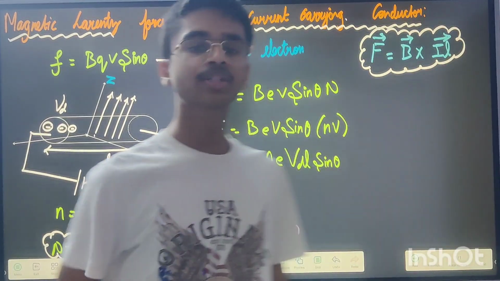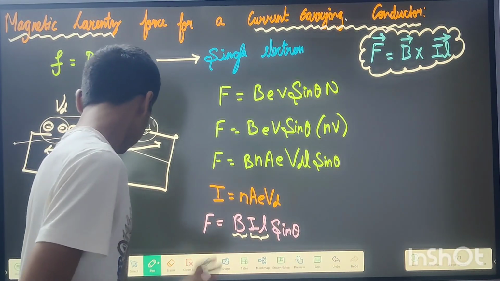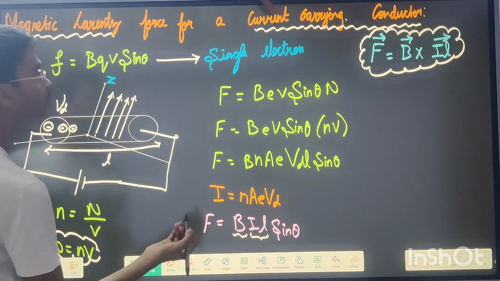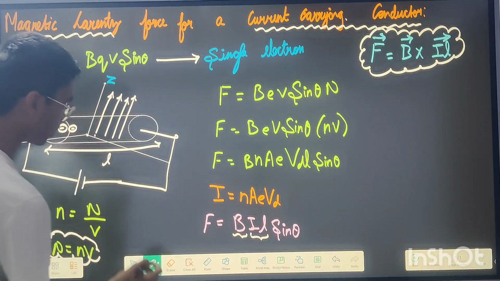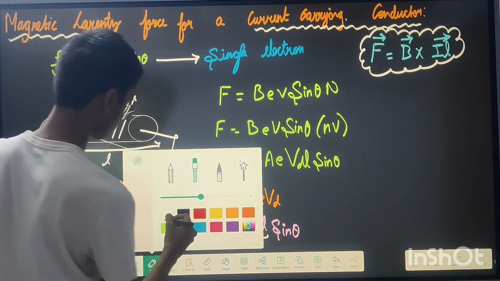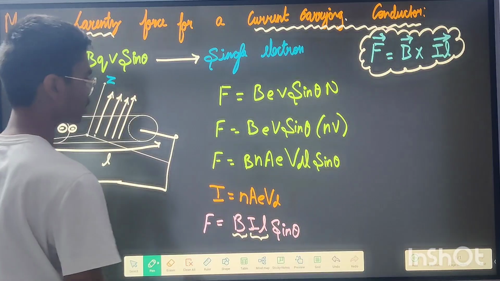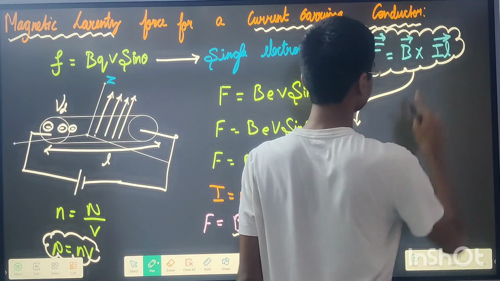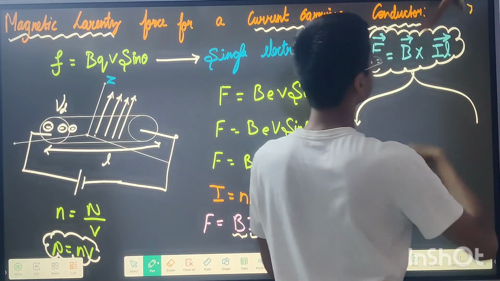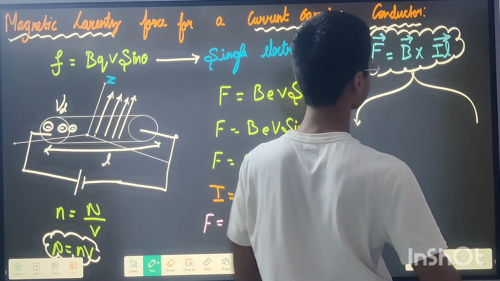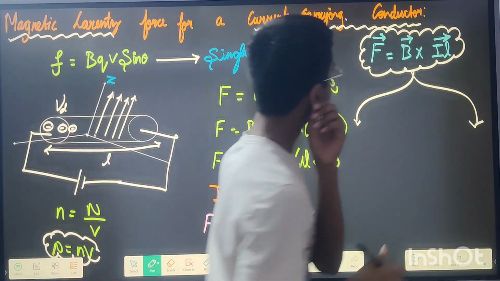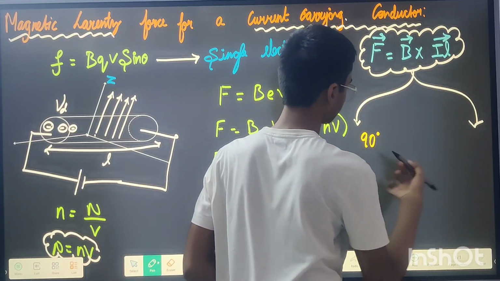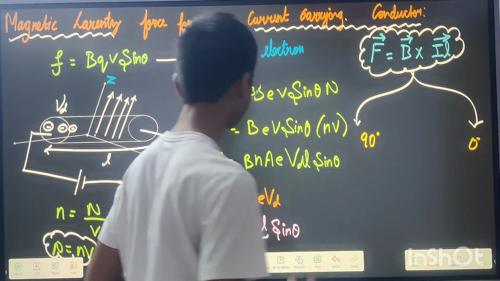Okay, now next what we are going to do. So you all know this, for sin theta always you have to write where it will be maximum, where it will be minimum. Maxima and minima you have to represent. See, sin theta will be maximum at 90 degrees, and it will be minimum at 0 degrees.